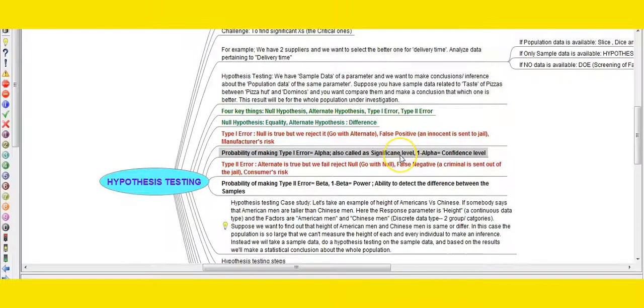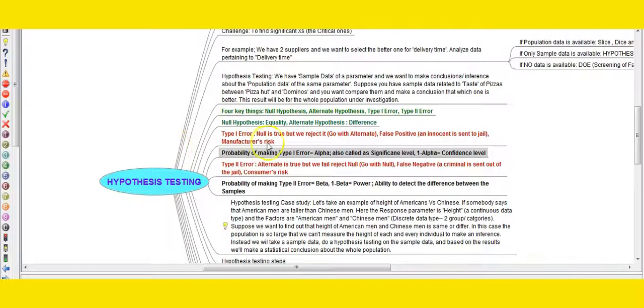This significance level is very important in hypothesis testing, because when we declare the result, it all depends on the significance level. And when we calculate 1 minus alpha, it is called the confidence level. By its name it is clear that it gives the confidence of the probability of having the correct result in my hand.